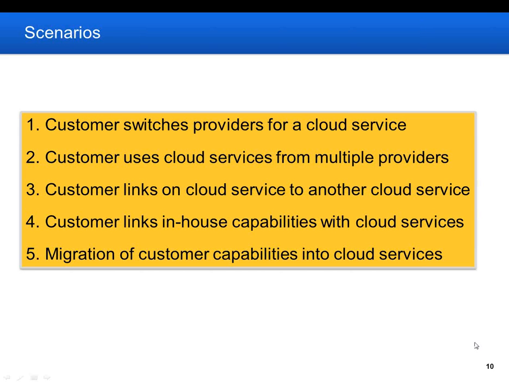So here then are the 5 basic scenarios that we use to help flesh out the issues and the concerns and possible solutions when dealing with cloud services. So now we'll take some time to look at each of these scenarios in turn.